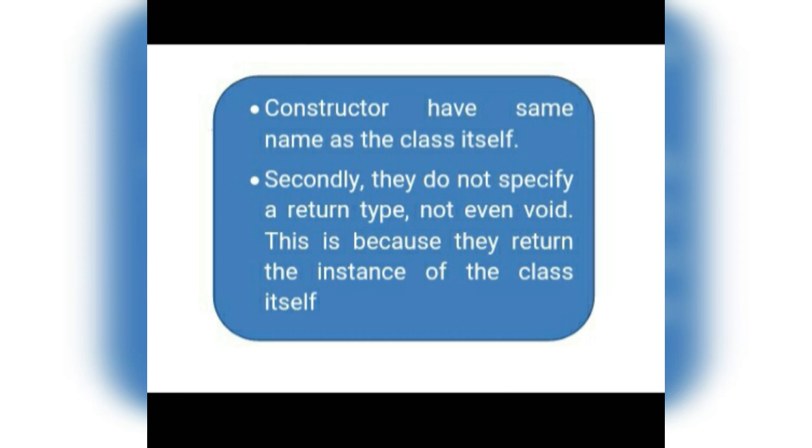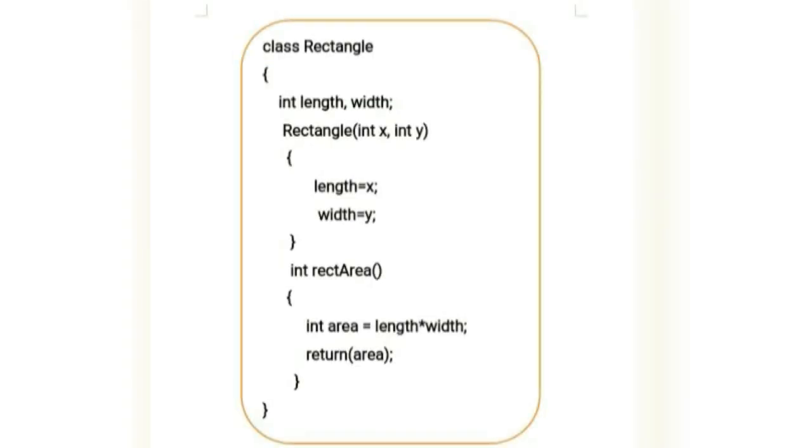Now here I will have an example so that it will clear the doubt regarding the constructor. Here you have an example. In the previous videos we did the same example. We have taken the same example and you can see here, instead of get data, I have used Rectangle, which is nothing but the constructor.